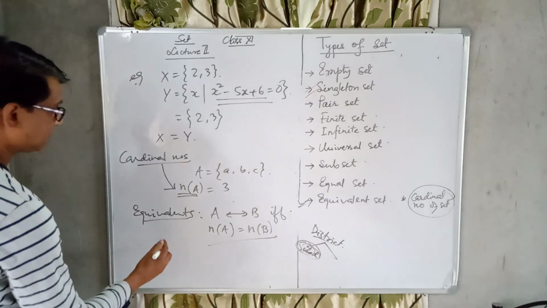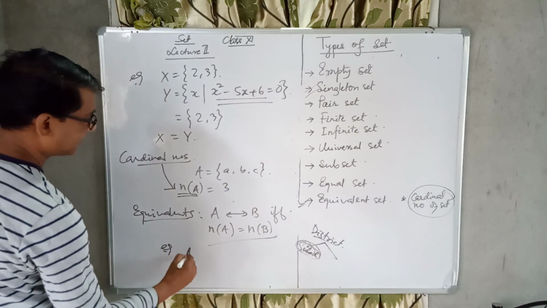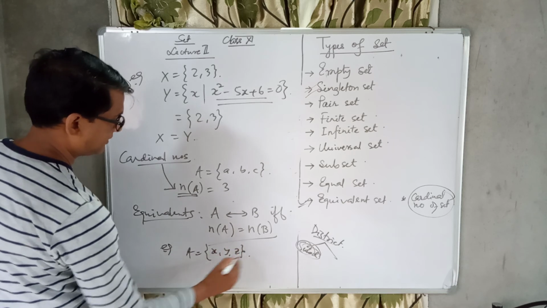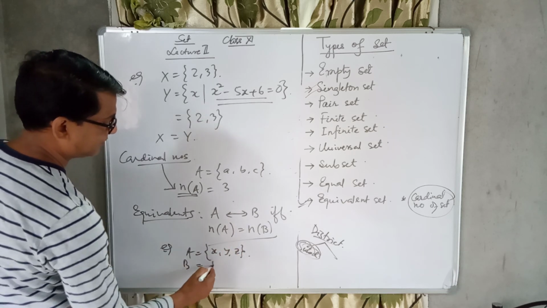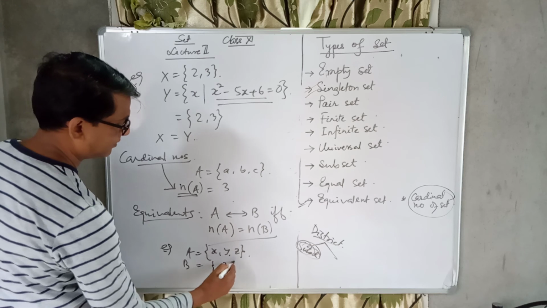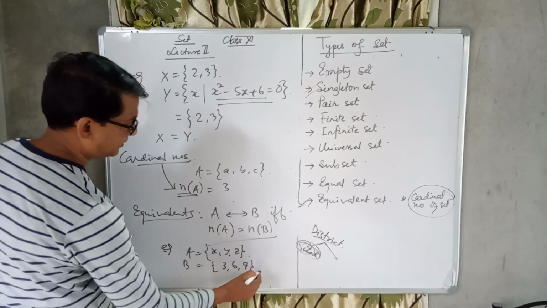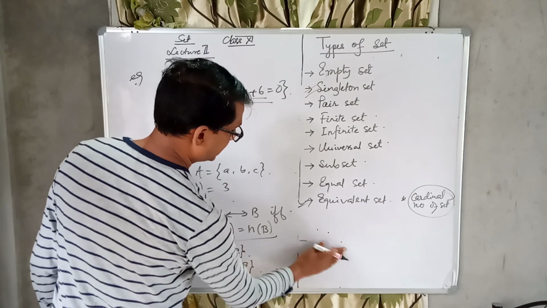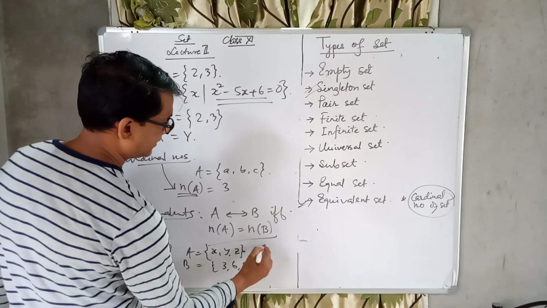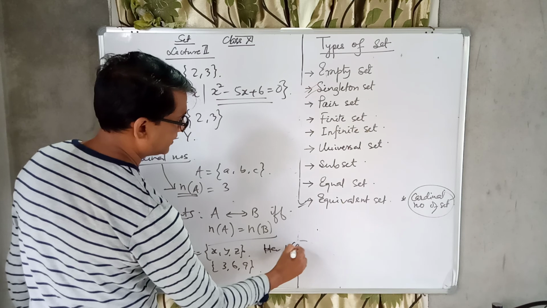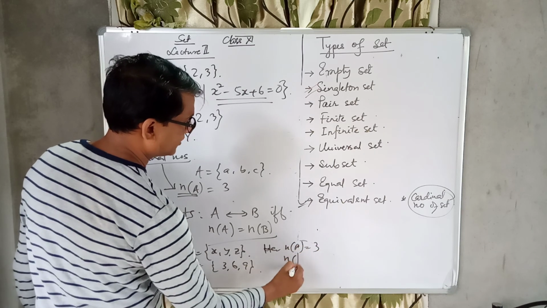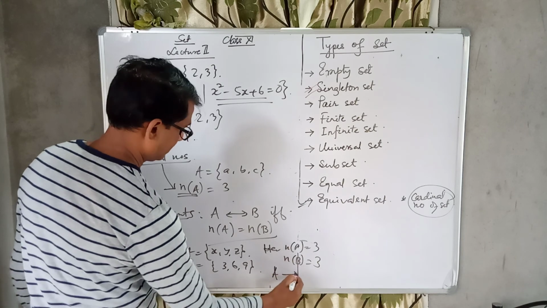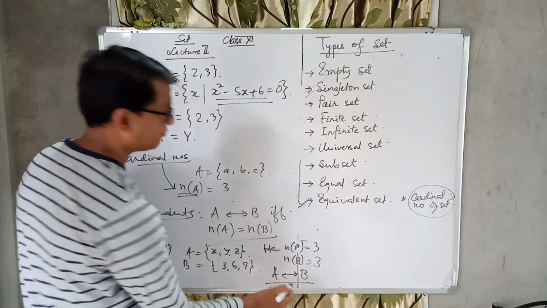As for example, A is equal to {x, y, z} and B is equal to {3, 6, 9}. Here n(A) is equal to 3, n(B) is equal to 3. So the cardinal numbers are the same, so A is equivalent to B.